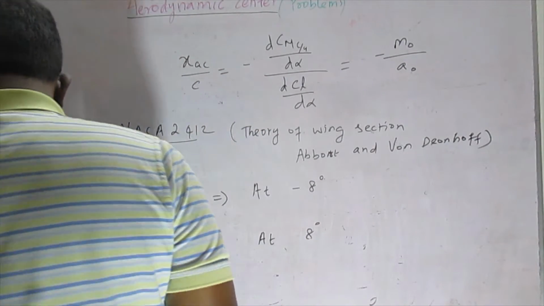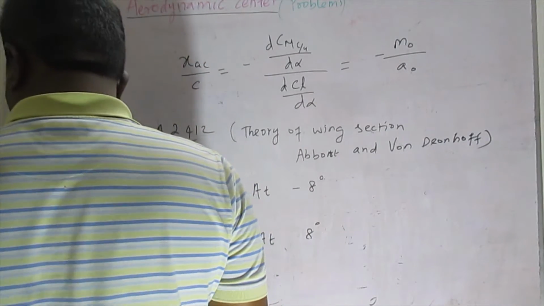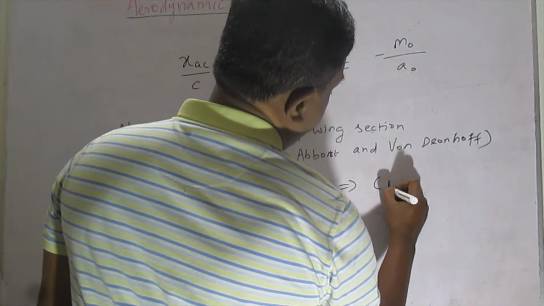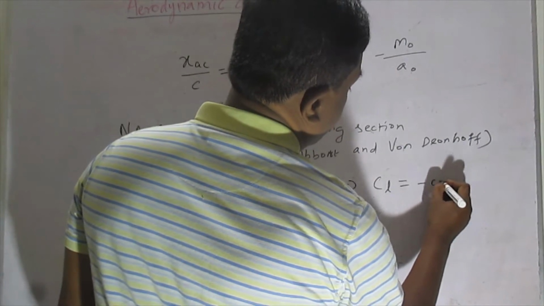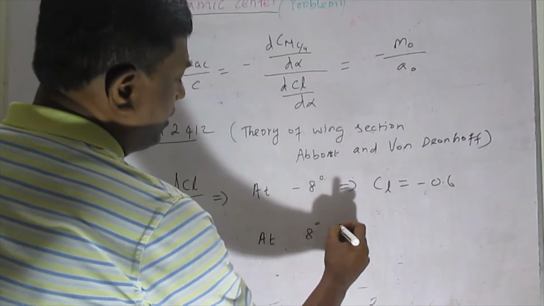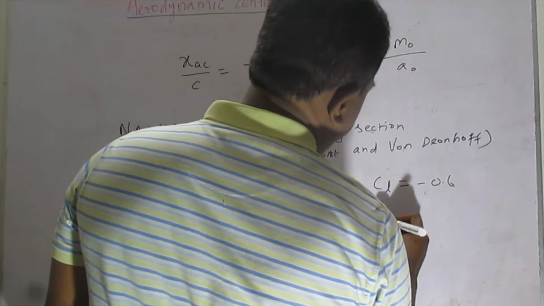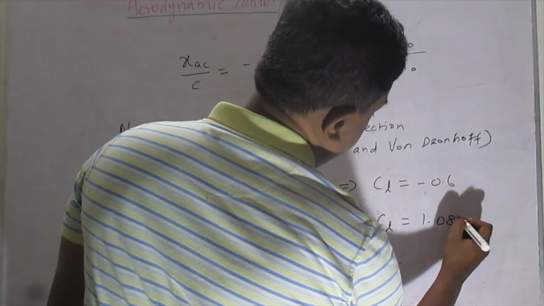So at minus 8 degree, the CL value is minus 0.6, and at 8 degree this value is 1.08.